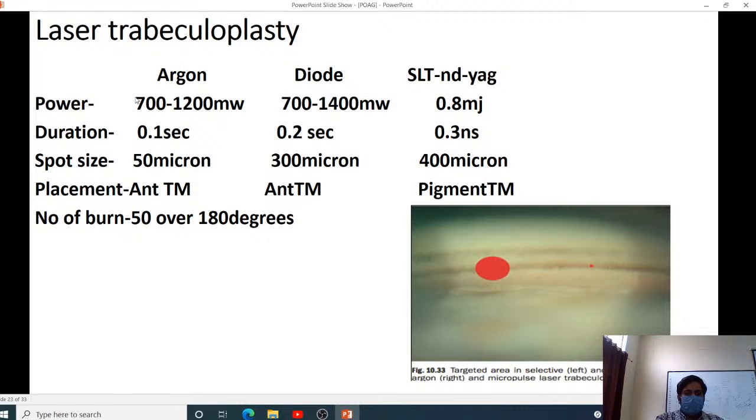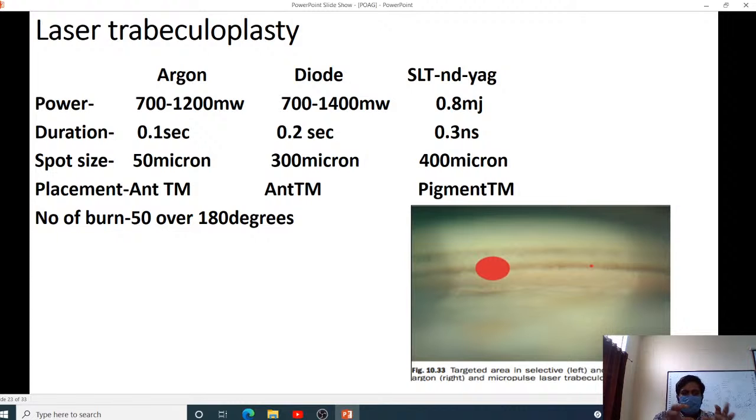If we are using argon, it causes larger burns, and these burns lead to contracture of the tissue and then it enhances the aqueous outflow. But in SLT, we focus on the pigmented area of the epithelium and we hit those pigments so that there are biochemical changes in them, because of which the trabecular meshwork opens and the aqueous humor goes out.